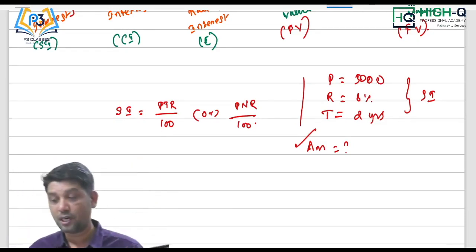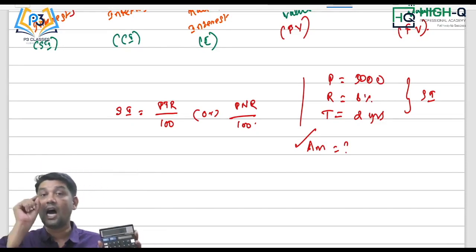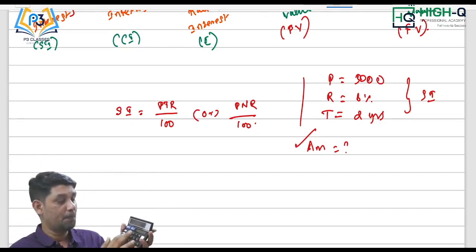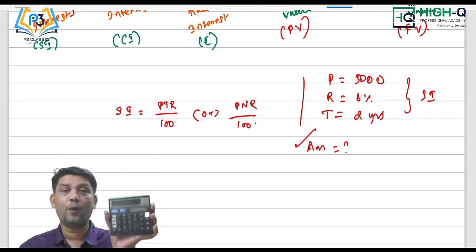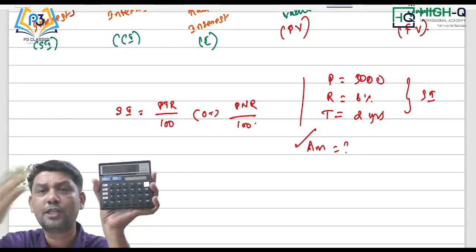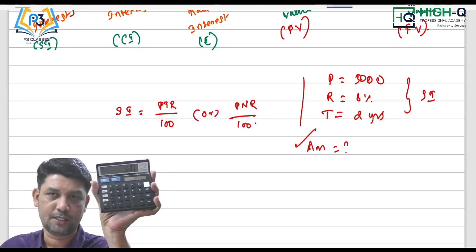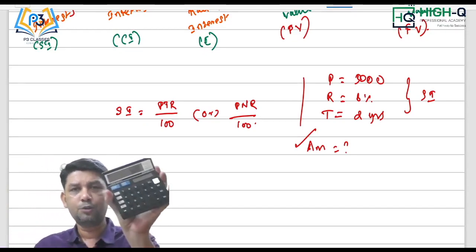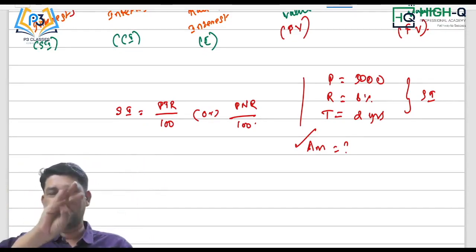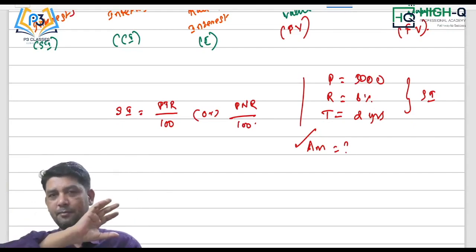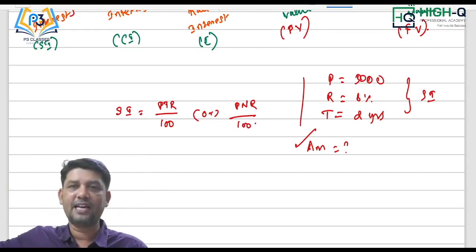But the question is not simple interest; the question is the amount. So plus 5,000. Why use the formula? Why waste your time writing the formulas? Simply know that simple interest means principal, rate of interest and time. If I multiply everything, I can directly get the answer.